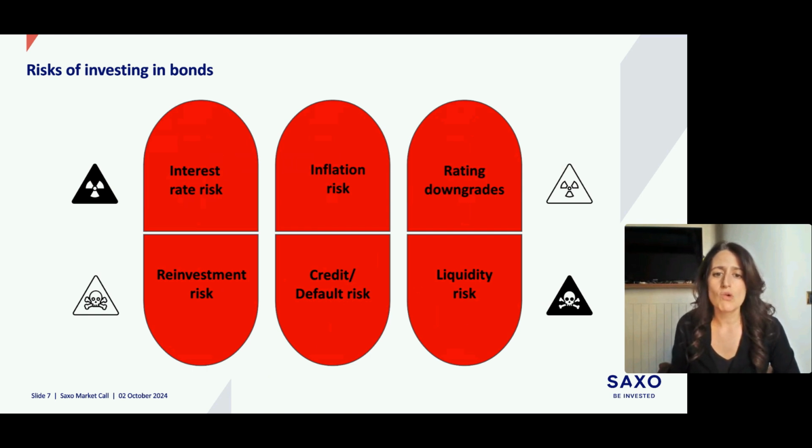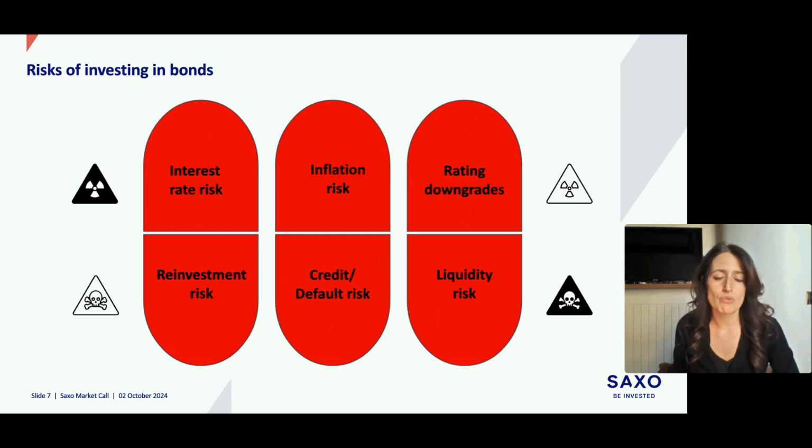Two out of these six risks are something that we have all witnessed throughout the past two and a half years, which is interest rate risk and inflation risk. So what does that mean? Inflation risk is simply eroding the value of your bond portfolio, because let's say that you buy a bond at 5% and inflation is at 6%, then your real return will be minus 1%.